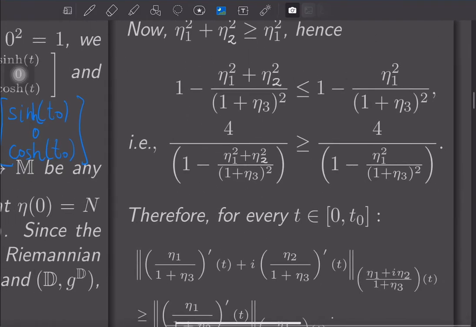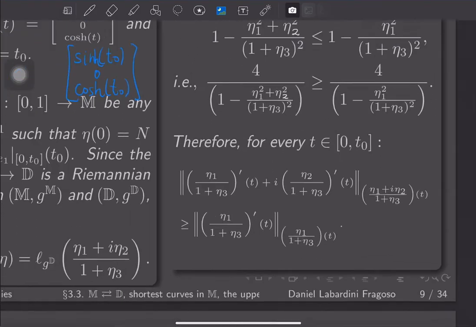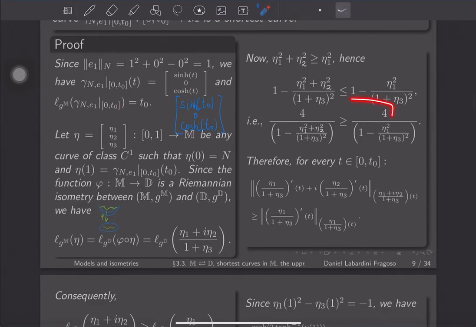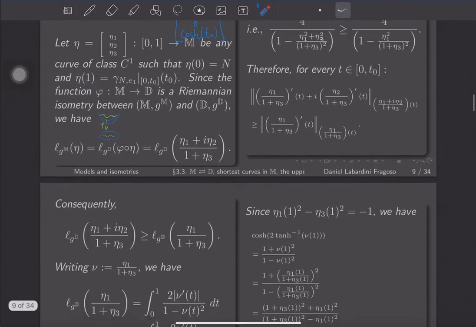Right, so I have this inequality, and I still have some way to go.